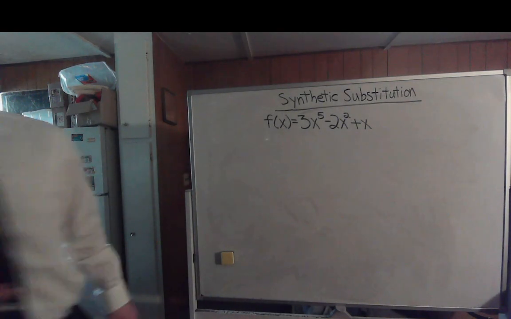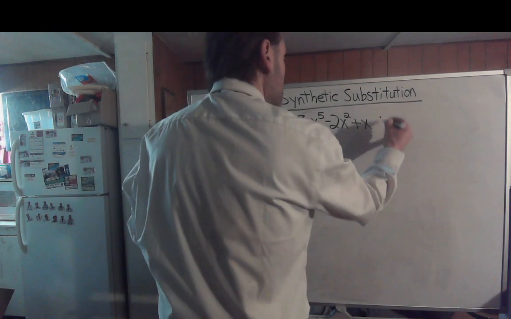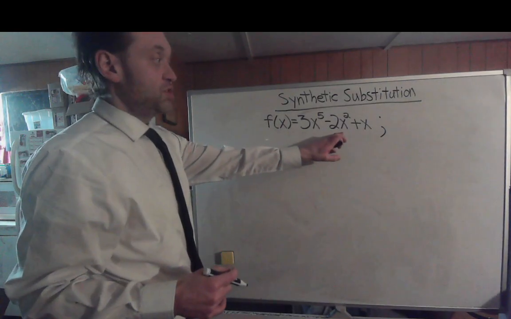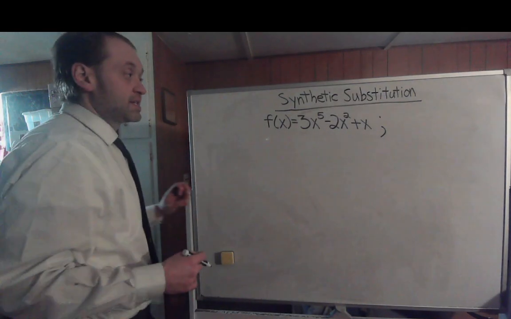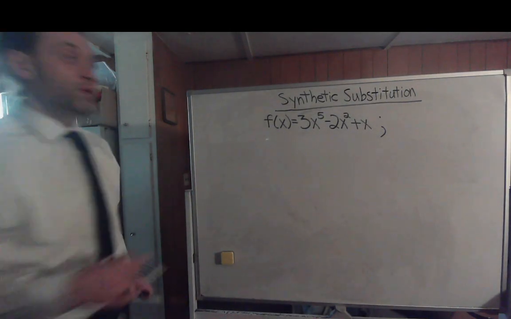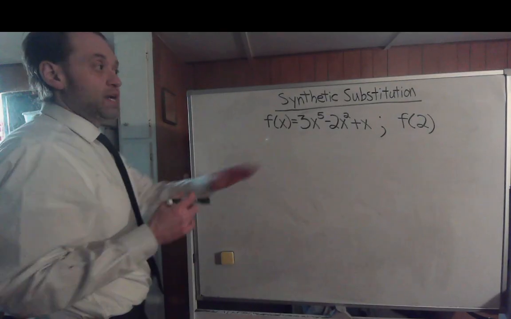So we have f of x equals 3x to the fifth minus 2x squared plus x. And then they want you to evaluate the function when x equals 2. So we'll take f of 2.